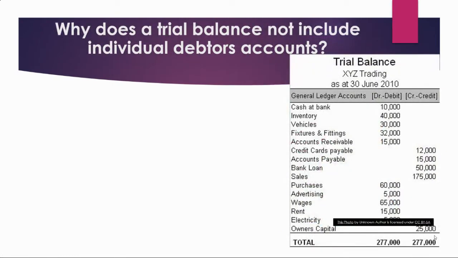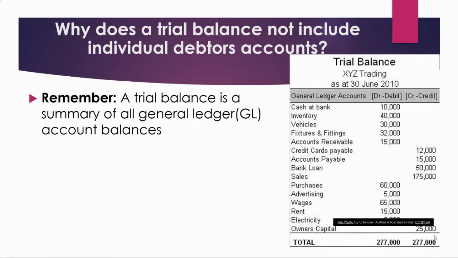Okay, why does a trial balance not include your individual debtors account? Now, as we said, a trial balance is a summary of all your general ledger accounts. It only shows a balance. It does not show any detail. So it's a summary of your general ledger account balances.